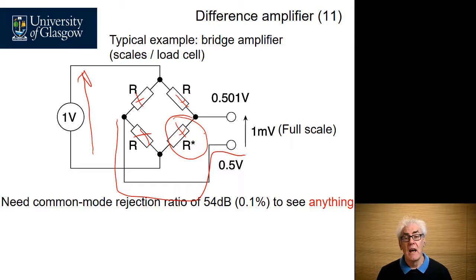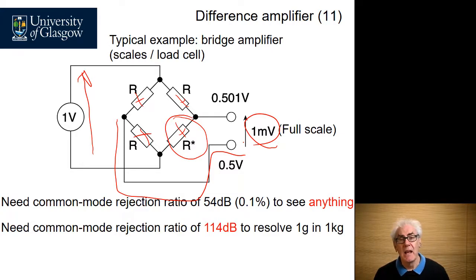would be less than the signal we want from the differential signal coming out of the bridge, because the output signal is about 1 millivolt. That signal is what you would expect to see at full load. But if we wanted to measure, say, with a resolution of 1 gram in 1 kilogram or 1,000 grams, we would need a common mode rejection ratio of 114 dB.